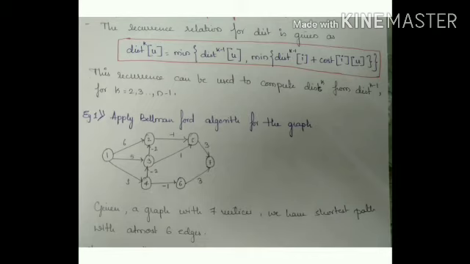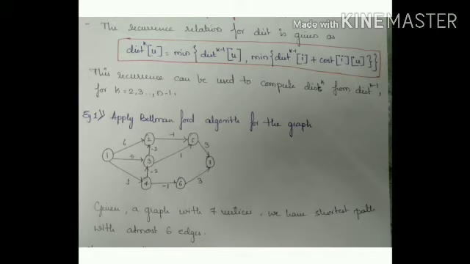Dist raised to k u is nothing but the distance from source vertex v to vertex u such that it has k number of intermediate edges in it. I repeat, dist raised to k u is going to give us the cost of reaching vertex u from the source vertex v with k number of intermediate edges in it.